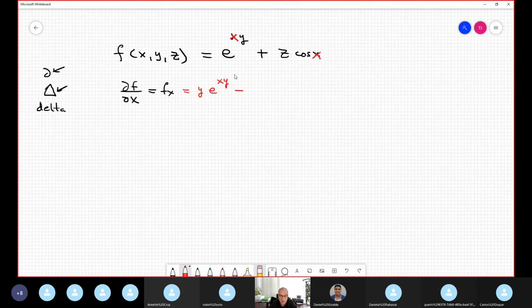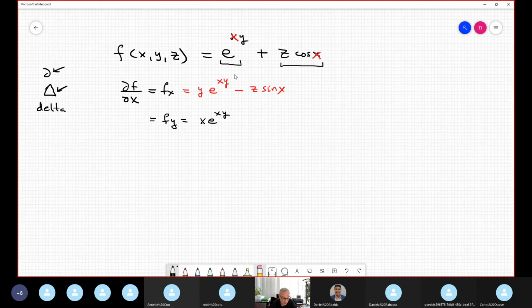I suppose it's minus because the derivative of cosine is sine, and c is considered a constant, sine x. Good, very good. Now let's do partial with respect to y. Well. Okay, it's similar because in that part we have y, but in this part we have no y. So the derivative of that part is 0. So it's x e to the xy. Super.